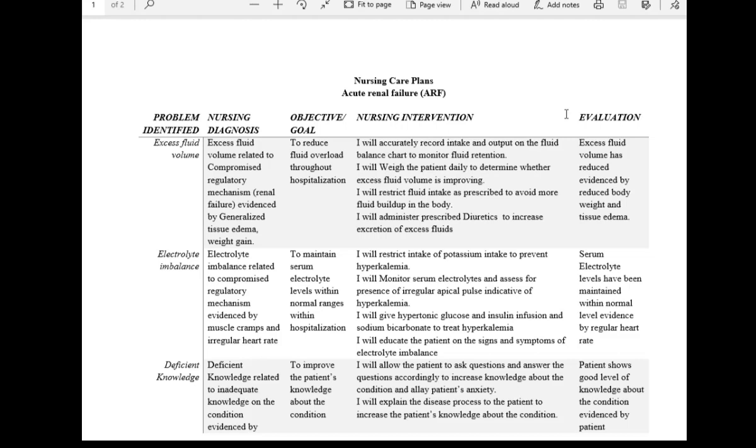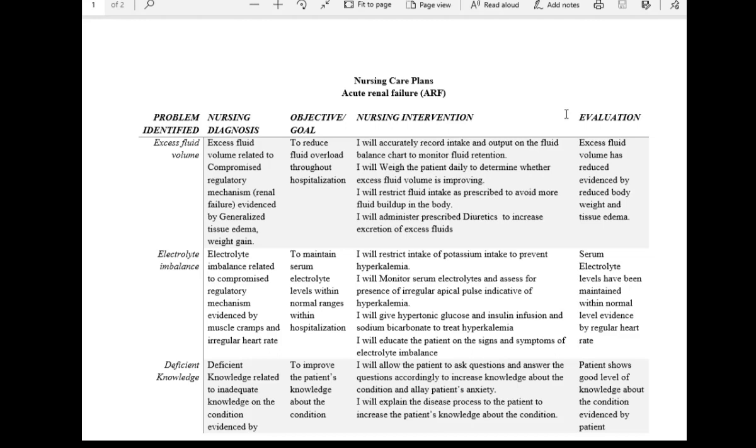So here you find that when we educate the patient about the signs and symptoms of electrolyte imbalance, they will know, and that will be easier to identify and also for them to seek medical attention. So having implemented these nursing interventions, we're going to evaluate our patient.